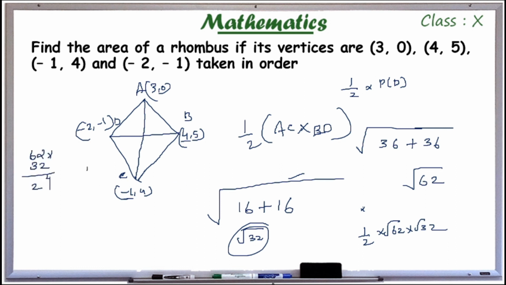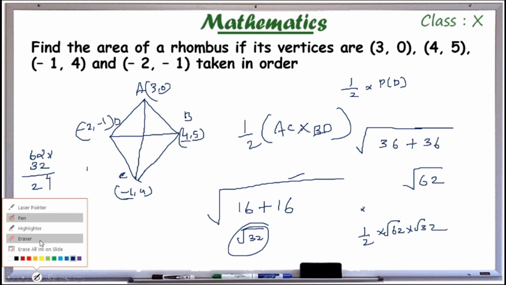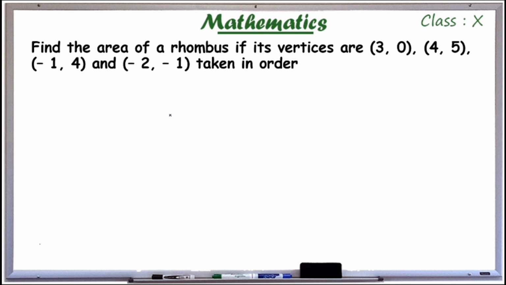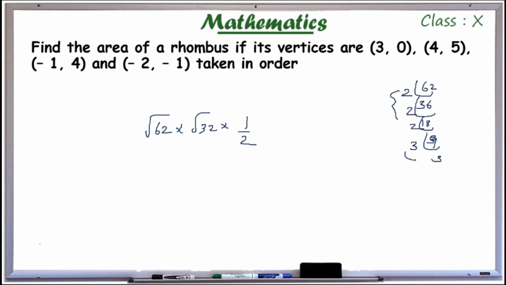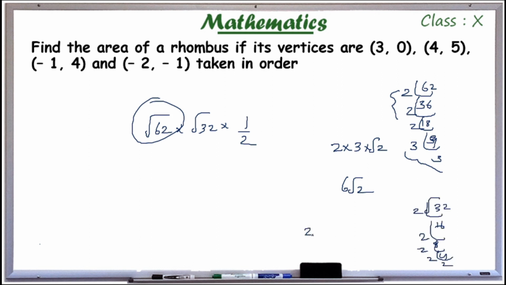Also there are some other methods of finding this answer. Root 62 into root 32 into 1/2. So first of all I have to factorize. 2 into 3 into root 2, 6 root 2, is equal to root 62, and root 32 is equal to 2 into 2 into root 2, 4 root 2.